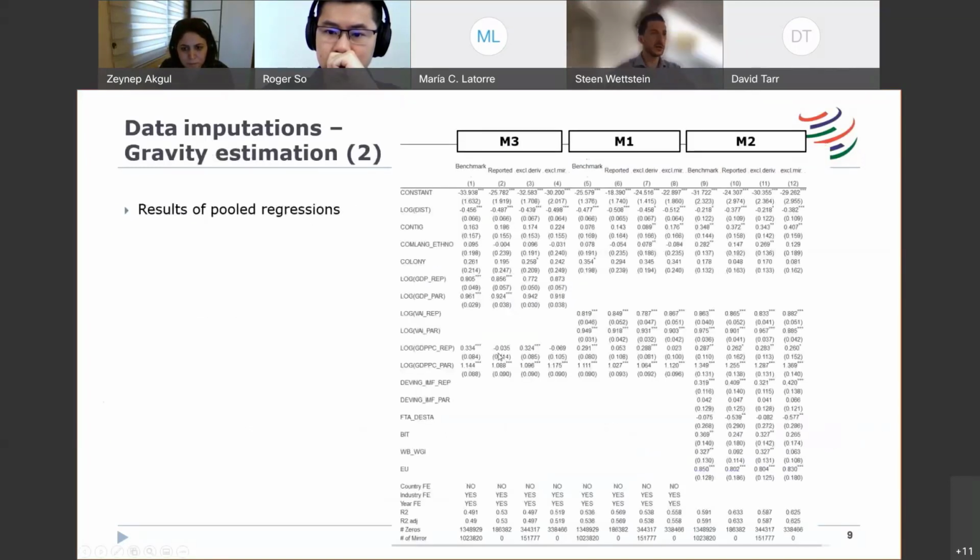So I'm not going to go into the details, but basically we ran pooled regressions, and then we compared removing those derivations, removing those mirroring values, only using reported values, trying to see the impact on the coefficients and the statistics. Here we run some regressions with industry year fixed effects.